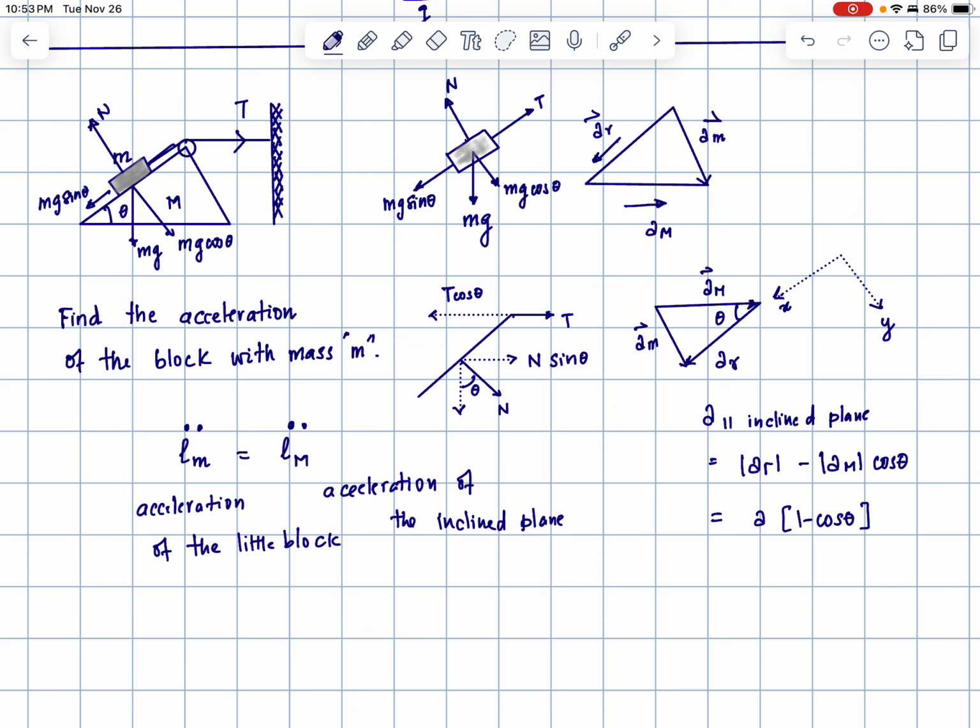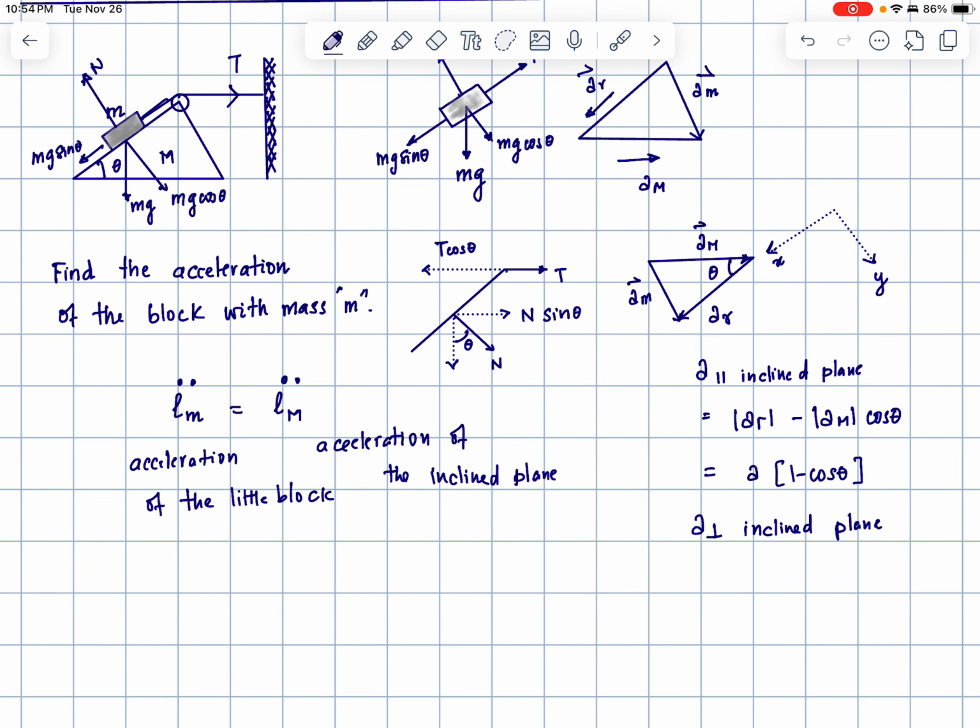Okay, now the component of acceleration that is perpendicular to the inclined plane, okay, is nothing but this particular component, that is a_m times sine of theta. Now there is no corresponding component of a sub r because that is along the inclined plane, and there is no component of that which acts in a perpendicular direction.